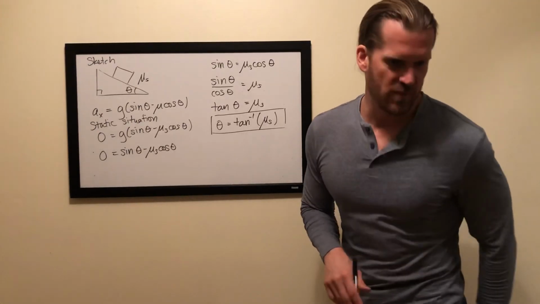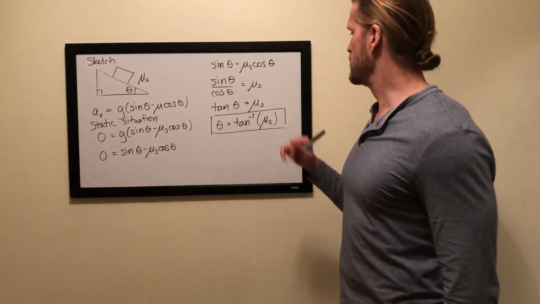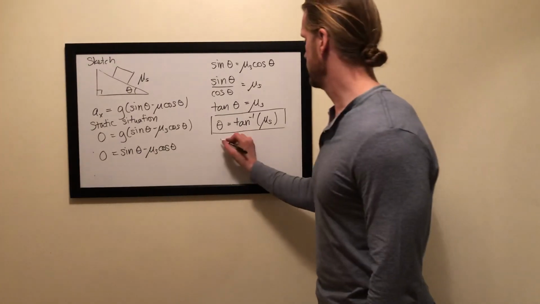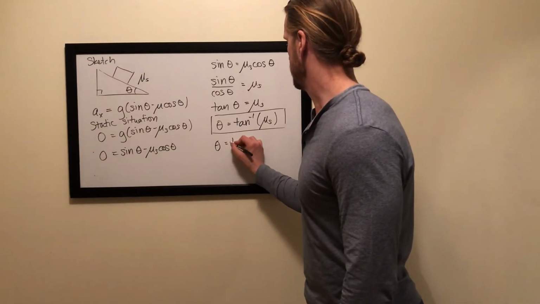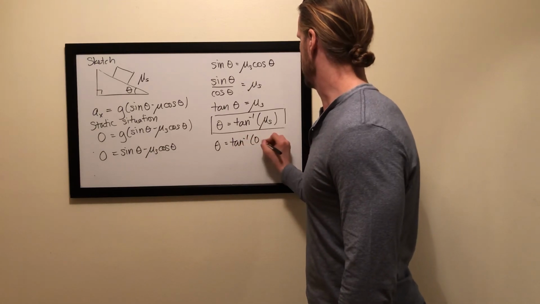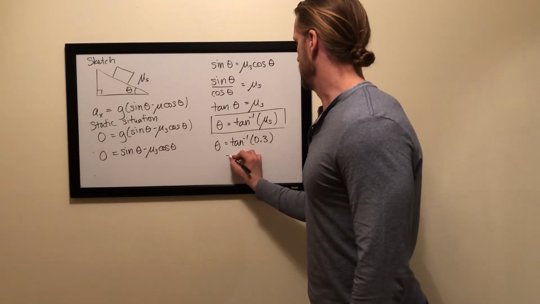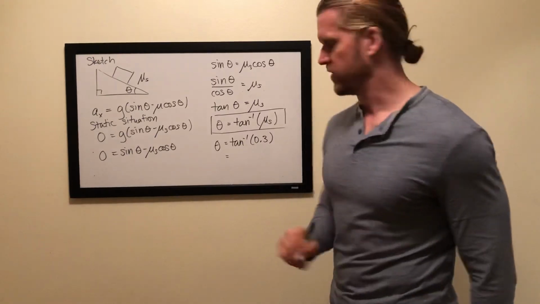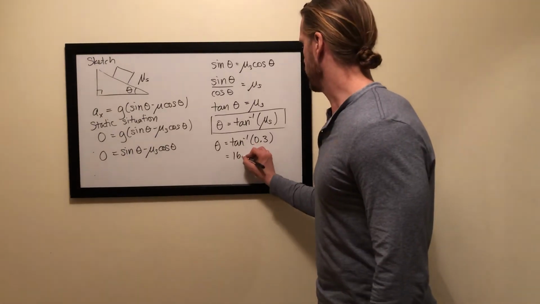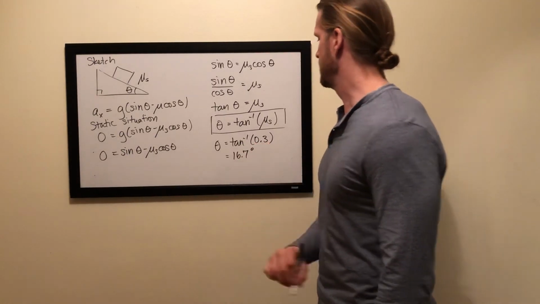So in the problem I gave you, we said that mu s was 0.3. Which gives you a maximum possible angle of 16.7 degrees.